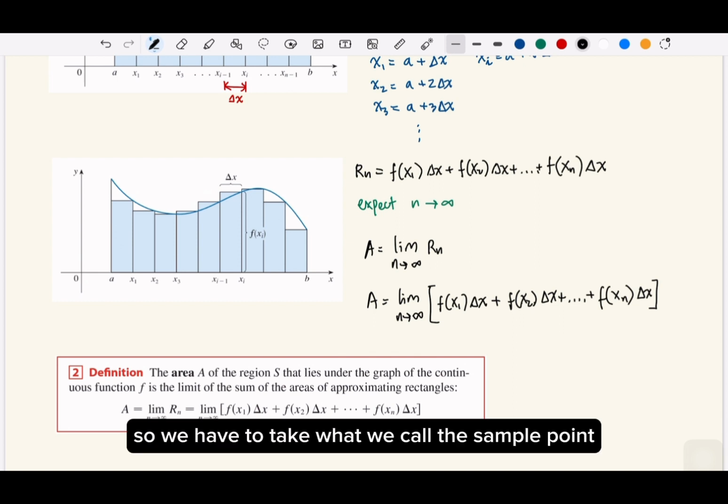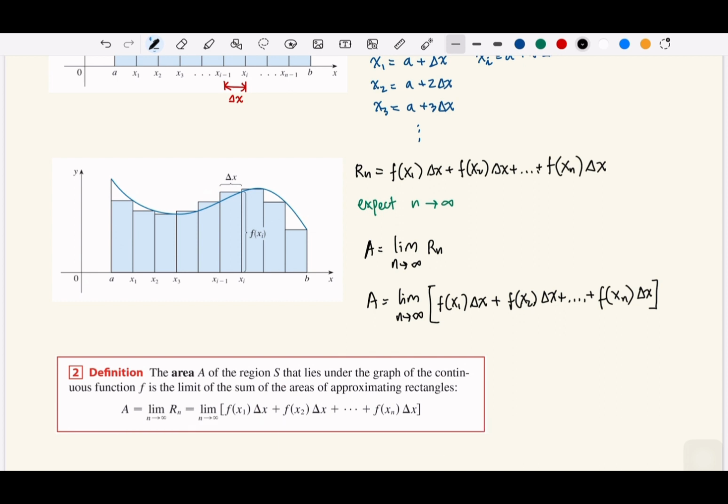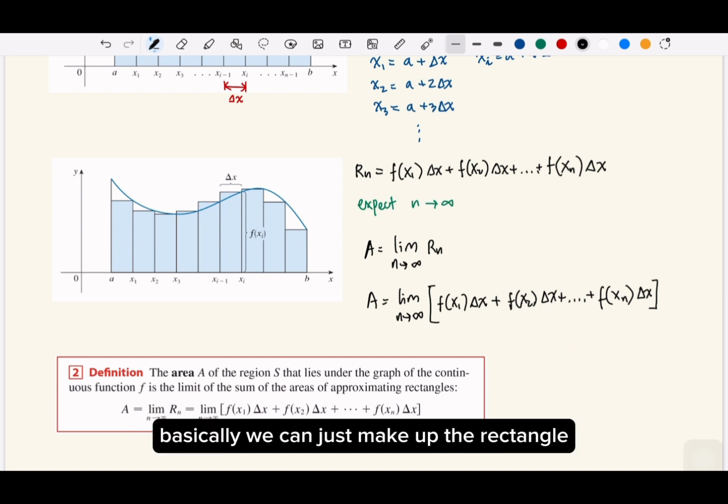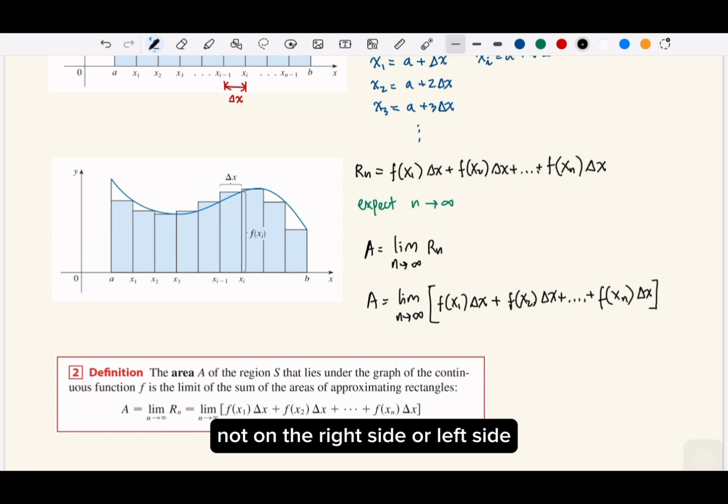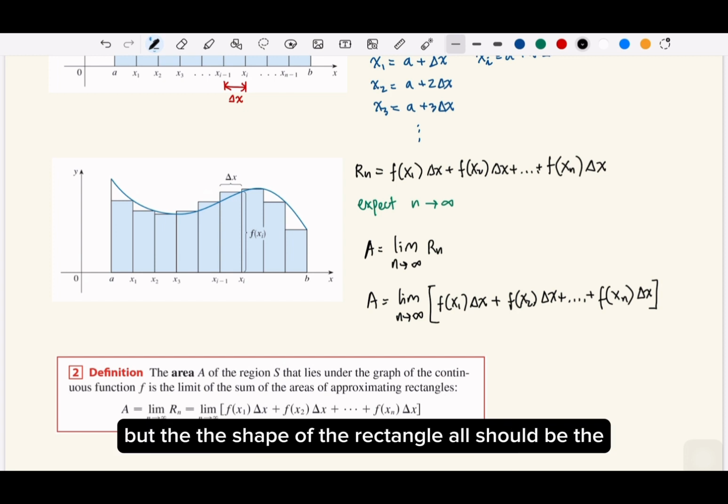So we need to take what we call a sample point. Basically, we can set up the rectangle crossing not on the right side or left side, maybe in between right and left. We call it a sample point. But the shape of the rectangle should all be similar, with delta x.